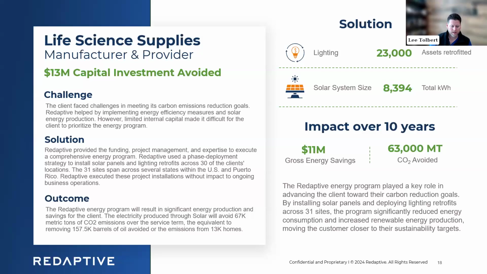So again, in a very similar fashion, Redaptive helped look at their entire portfolio of locations and identify nearly every manufacturing location they had with some form of energy optimization solution, whether that was lighting, HVAC, solar, etc. And as you can see, that's resulting in significant impacts over the next 10 years.